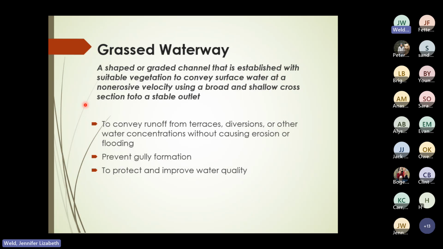So this is a little bit different than a filter strip. You're looking to design it to achieve a specific velocity. So you're going to protect and improve water quality here, as well as prevent the gully formation. And these can also be used in combination with terraces and diversions and other water concentrations as outlets.